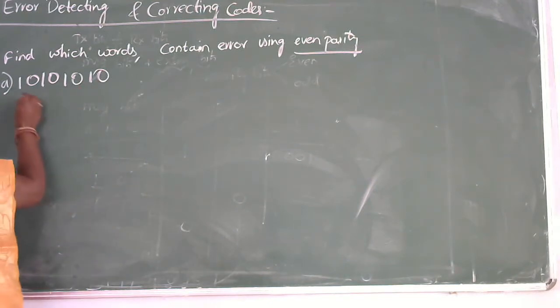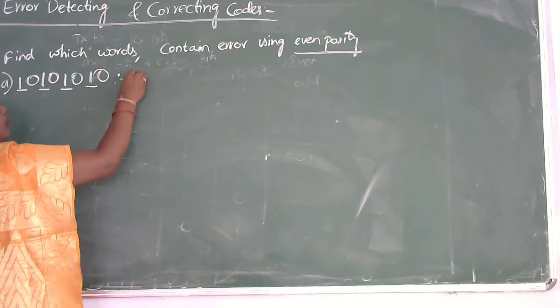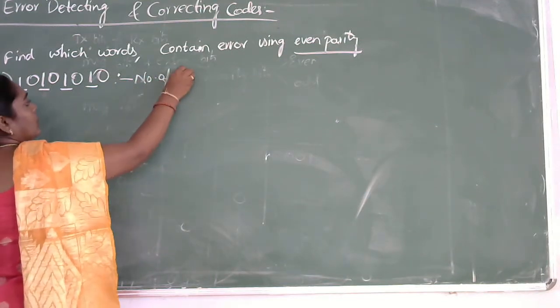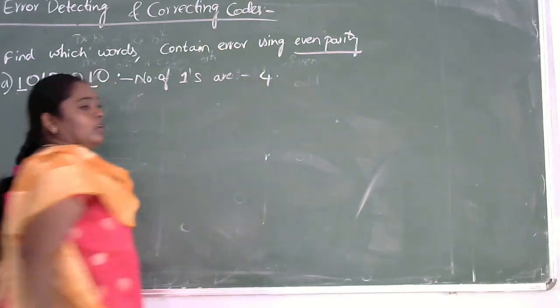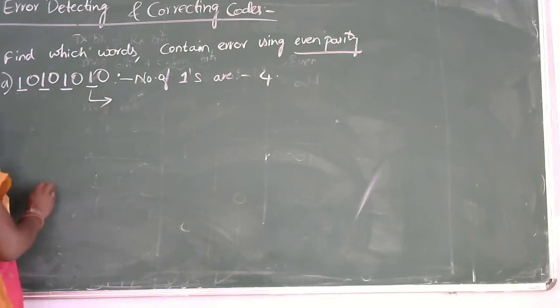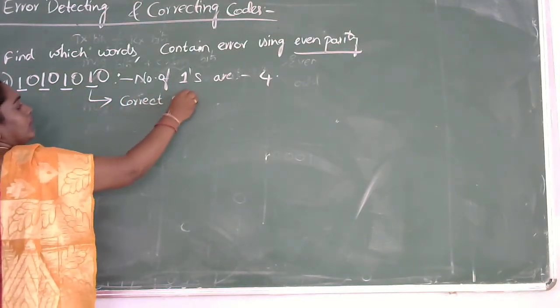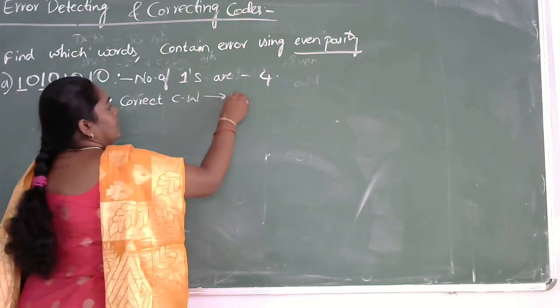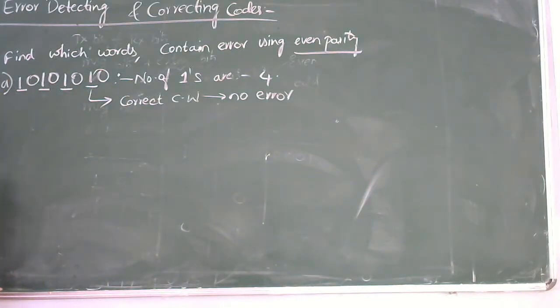In this code word, the number of ones is 4, which is an even number. So the code word which we received is a correct code word. That itself indicates there is no error in this code word.